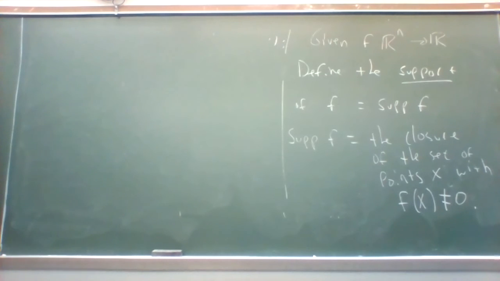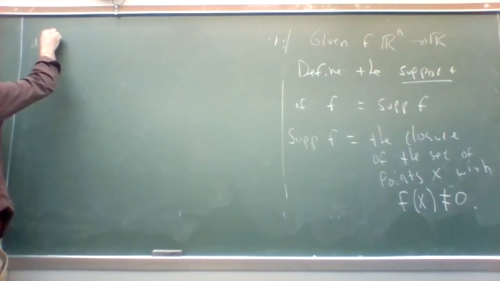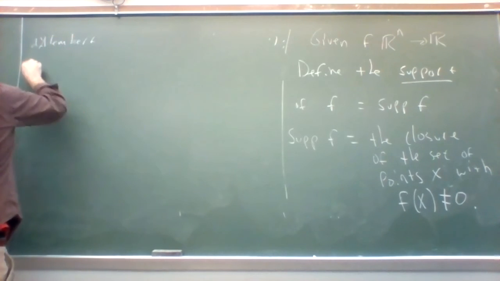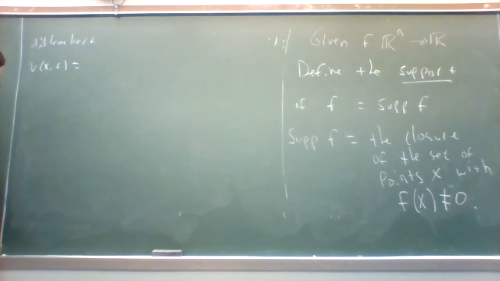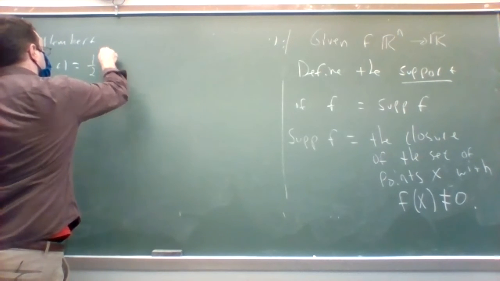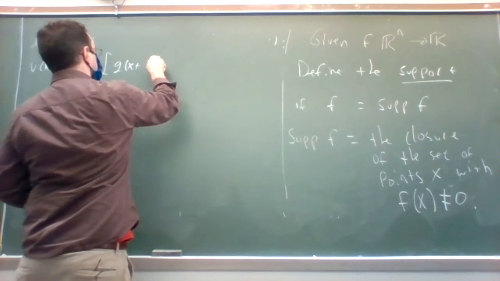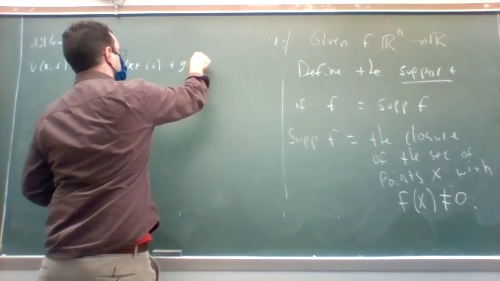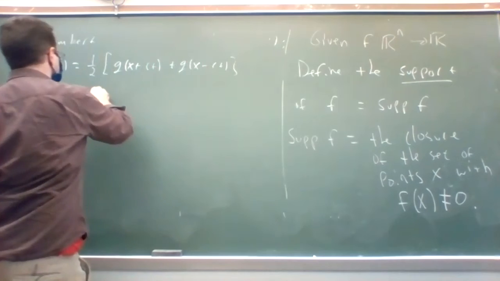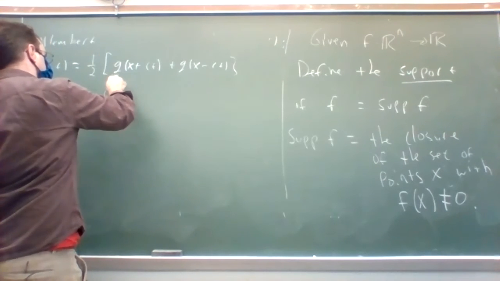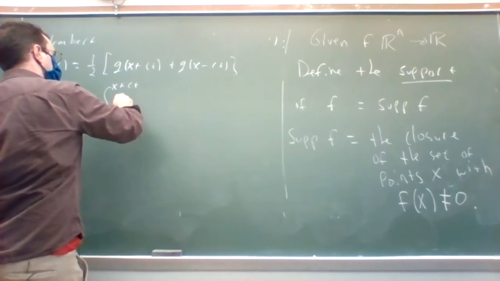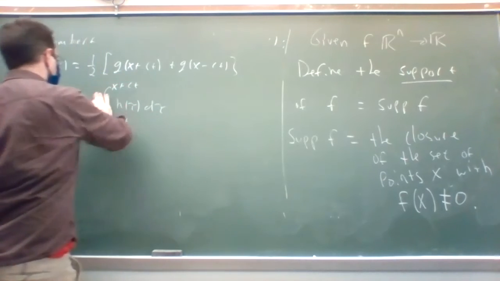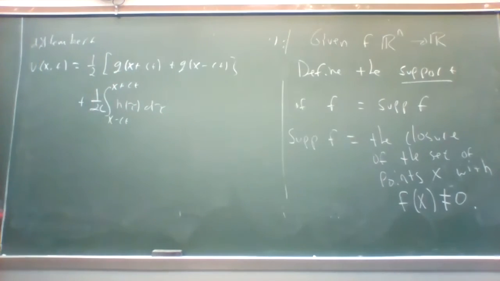So you go back to a D'Alembert solution of the wave equation, in the context of the problem we solved last time, with initial conditions g and initial velocity h.